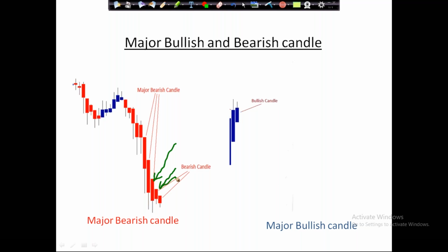Don't be confused. If you are confused, ask me. That is the key point. We need this thing only. You must know that one. Is it clear?